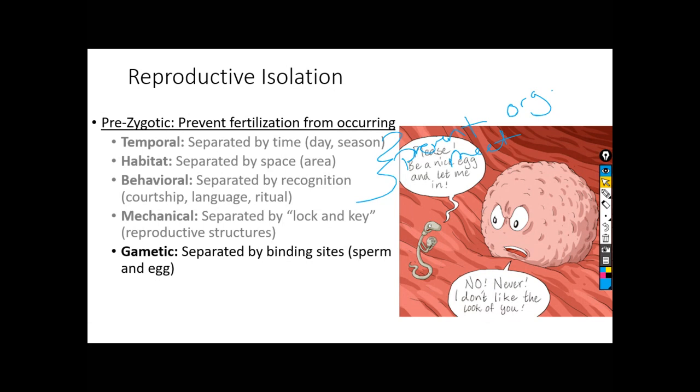So our very last type of pre-zygotic, in other words, literally before the forming of the zygote, version of isolation is gametic. So I'm literally going to prevent a gamete from meeting. This is my last ditch effort. There's literally nowhere to go from here.